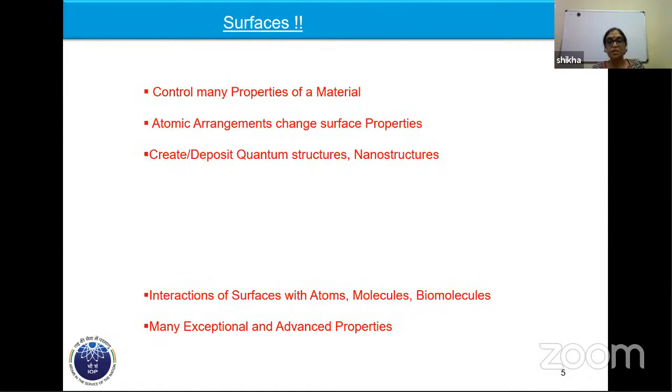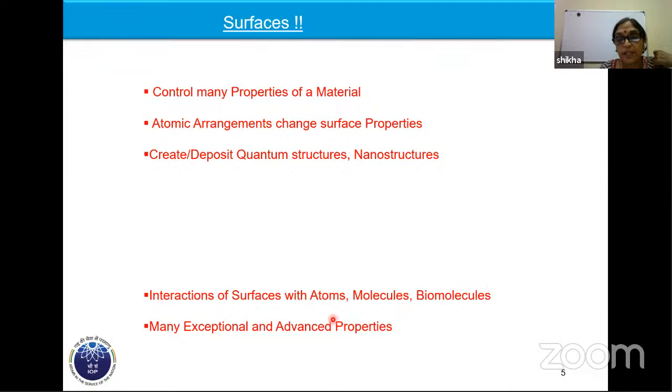So surfaces are important because they control many properties of a material, and there are atomic arrangements on the surface, and depending on the atomic arrangements, the properties will change. One can create nanostructures and study the interaction of surfaces with atoms, molecules, biomolecules.